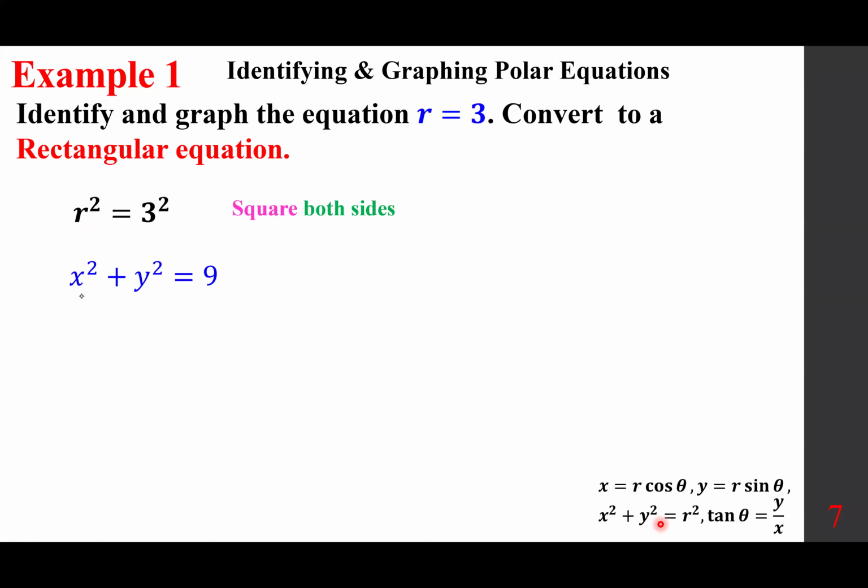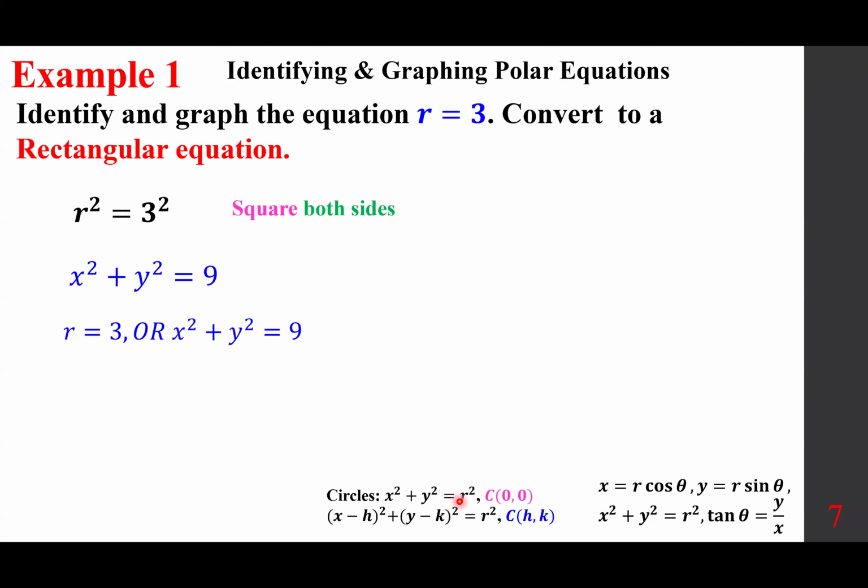And this is a circle with radius 3, because as you recall, x squared plus y squared equals r squared represents a circle centered at 0, 0. And x minus h quantity squared plus y minus k quantity squared equals r squared represents a circle centered at h comma k. So what are we dealing with here?